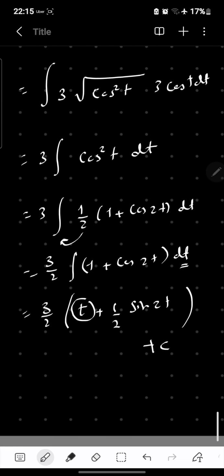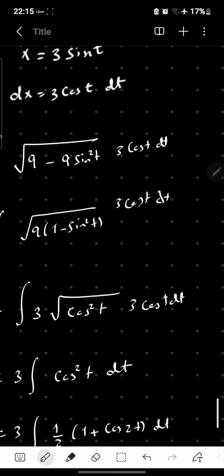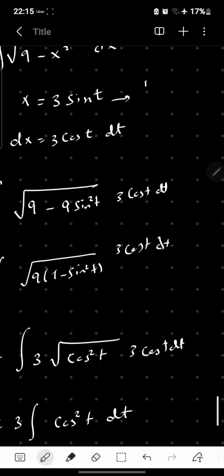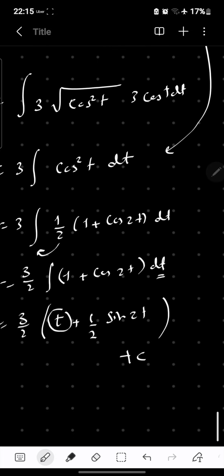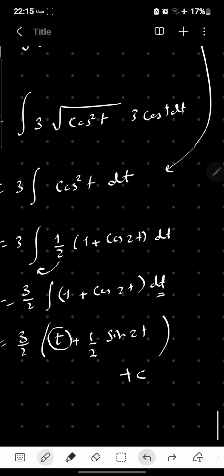Now we can take t. From where can we get t in terms of x? From here, let's take it step by step. Sine t is x over 3, so t will be arc sine x over 3. We can substitute it in the solution of the example here.